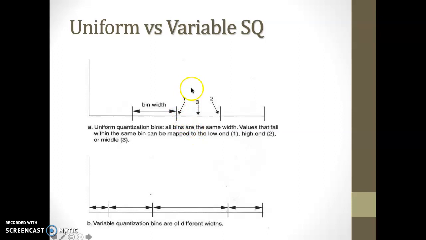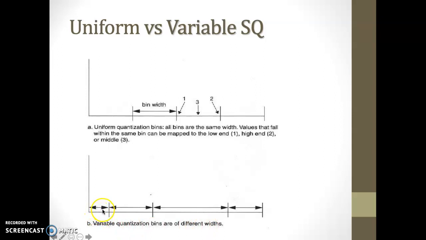If you choose the low end, any gray level within this sub interval will be represented as 1. If you choose this one, then any gray level within this sub interval will be represented as 3. But for the variable quantization, the bin size is different.